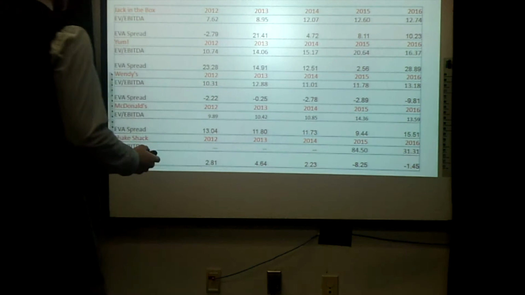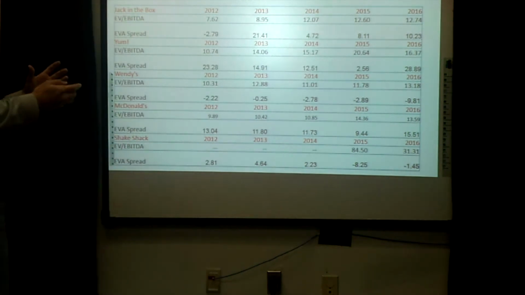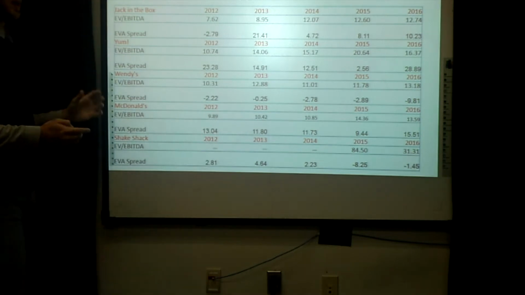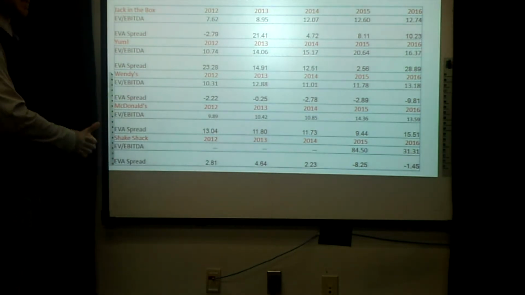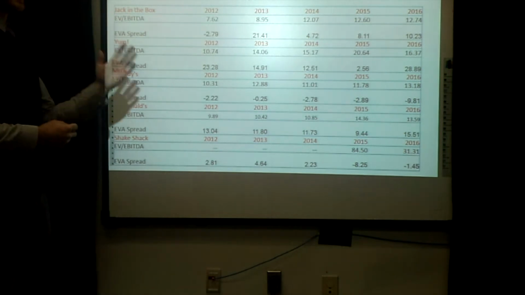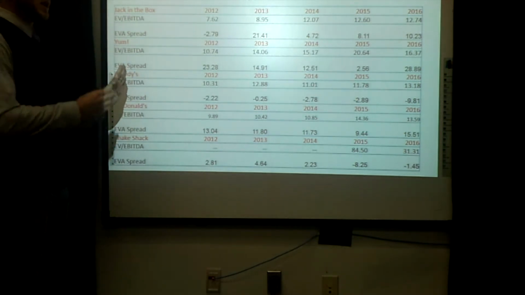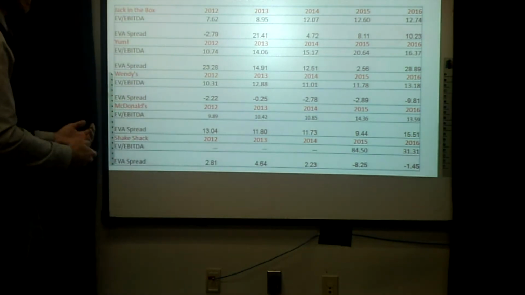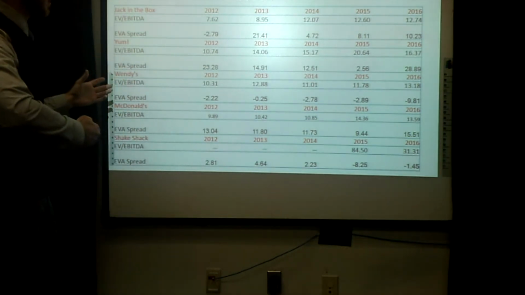Fast food market valuation. So we do the market valuation, we have the economic value added spread, which shows, okay, this is how much money we made beyond our cost of capital. So it costs us this much to get money, and we earned this percentage above what it cost us. So obviously this needs to be a positive number, okay?